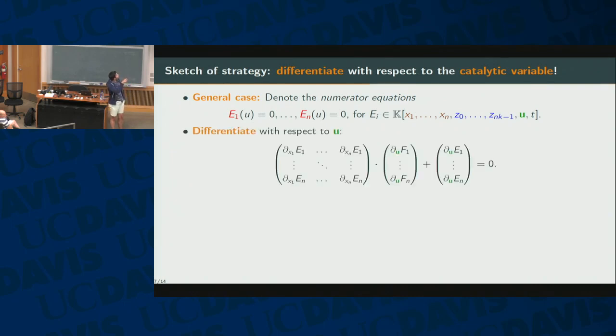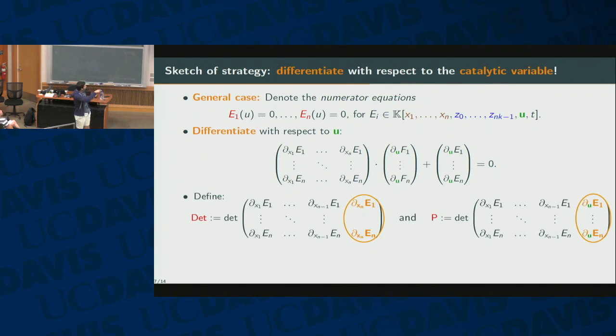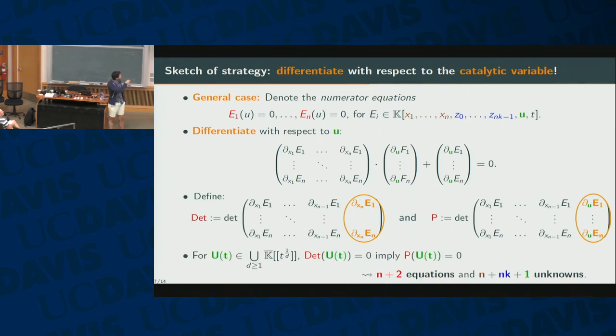We take E1 to En, the numerator equations, and we differentiate them with respect to u still. And we introduce the two polynomials det and P, where P is again just the replacement of the column del xn by del u in this matrix det. And the observation is exactly the same.